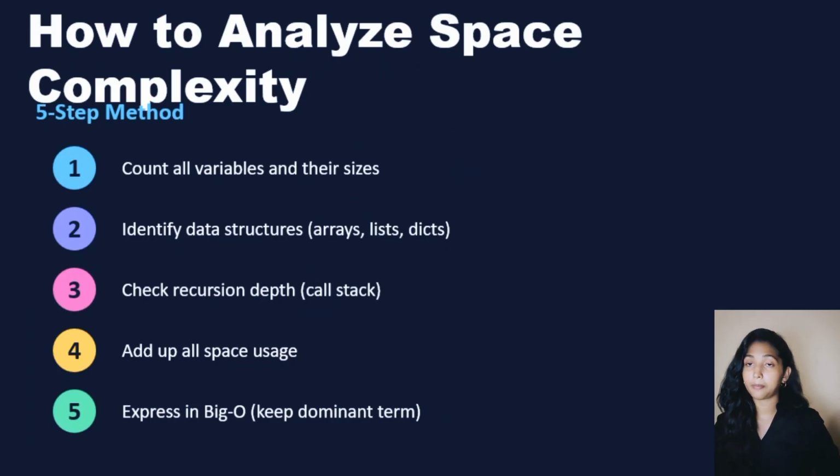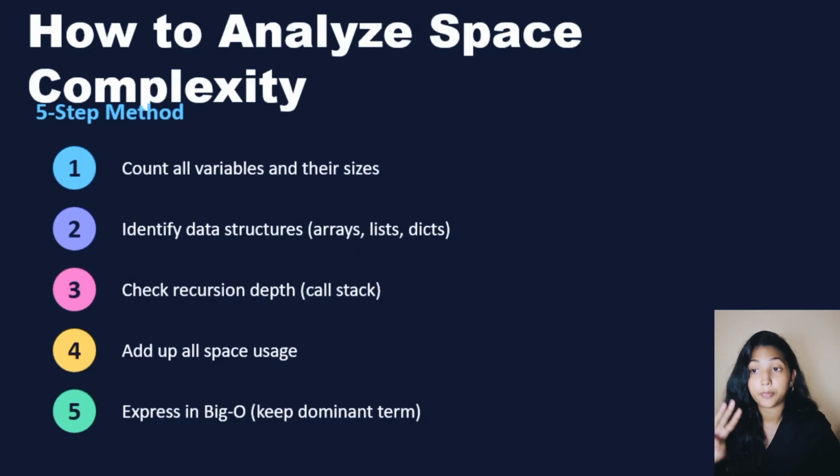Let's analyze space complexity with a step-by-step method. Step 1, identify variables: count all variables and their sizes. Step 2 is identify data structures: arrays, lists, dictionaries, and note their sizes.